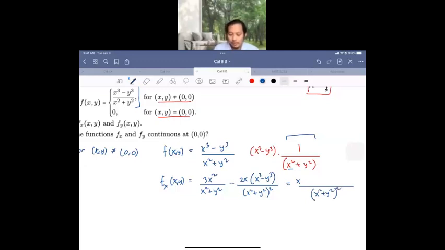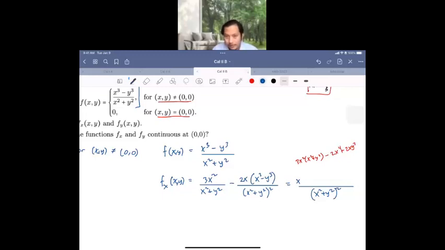So this will be 3x. Let me erase this for a while and make sure that I'm doing the right thing here. 3x squared, x squared plus y squared, and then 2x to the 4 minus 2x y cubed, and minus minus, so it should be positive.